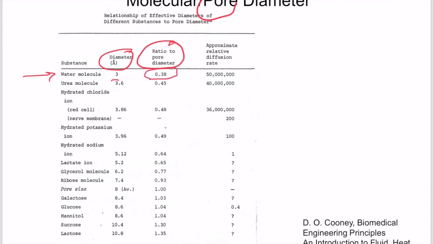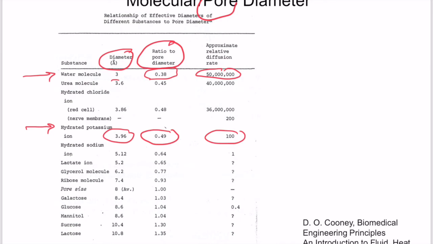So it's kind of small relative to the pore, and it has a very large diffusion rate. As opposed to, let's see, a hydrated potassium ion is a little larger. Its ratio is around 1/2, not 1/3, and so its diffusion rate is decreased.